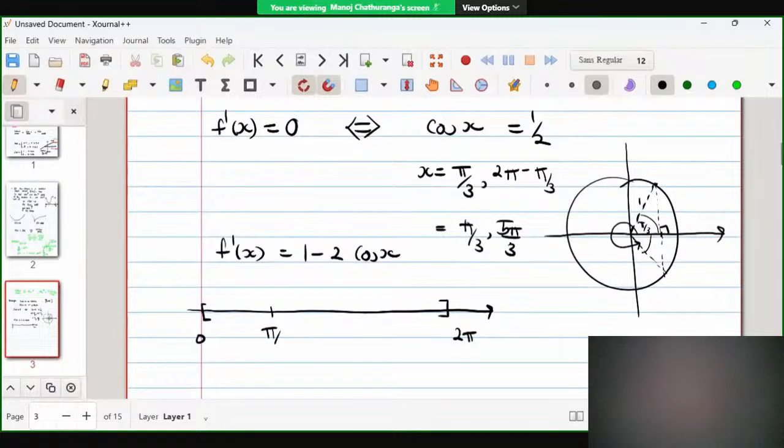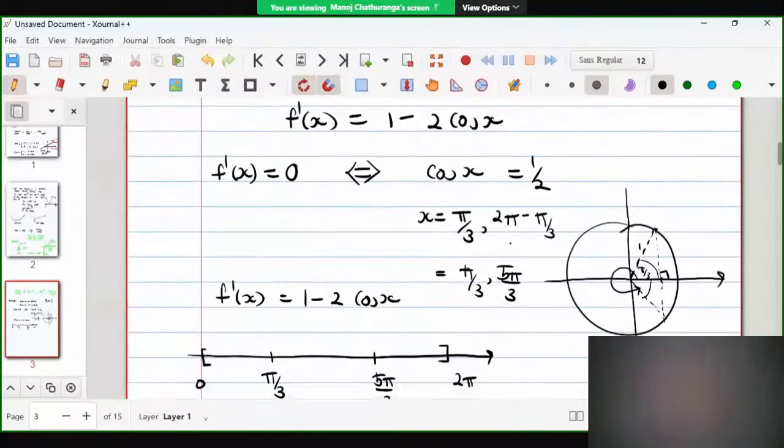Somewhere over here we have pi by 3. Somewhere here we have 5 pi by 3. Let's see how the function behaves. The function is x minus 2 sine x.